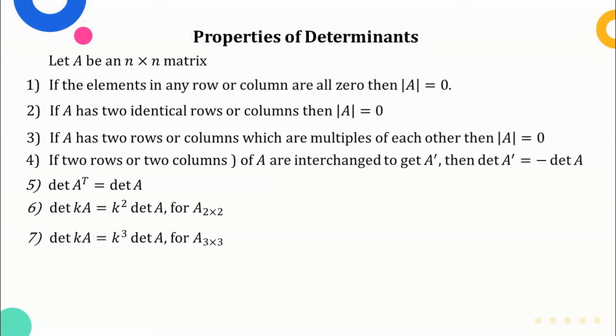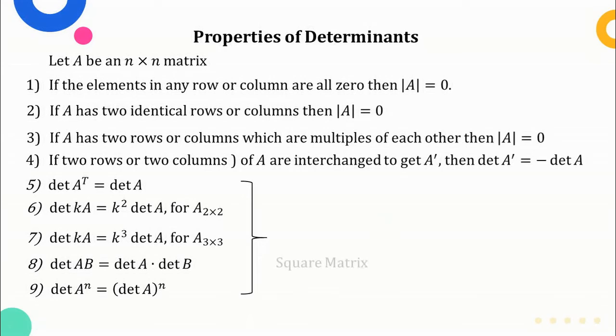Then the determinant is K power 3 times the determinant A. How about determinant AB? It's equal with determinant A times determinant B. And then the last, determinant A power n means determinant A power n. Okay, it's the same meaning. So without further ado, let's jump to the example.